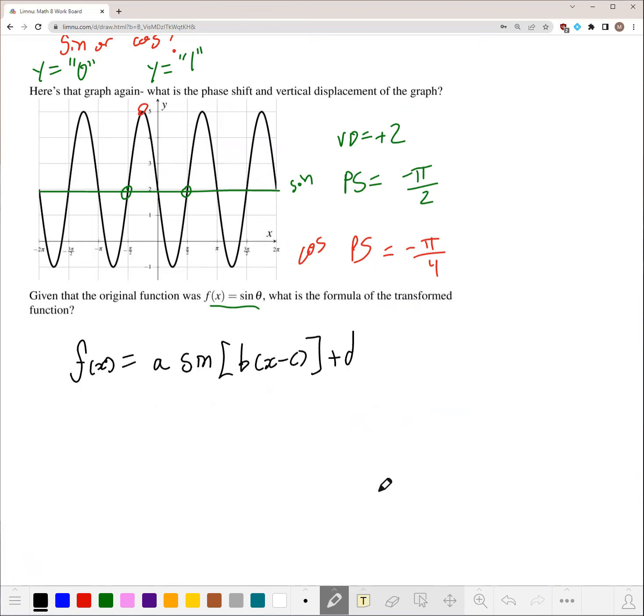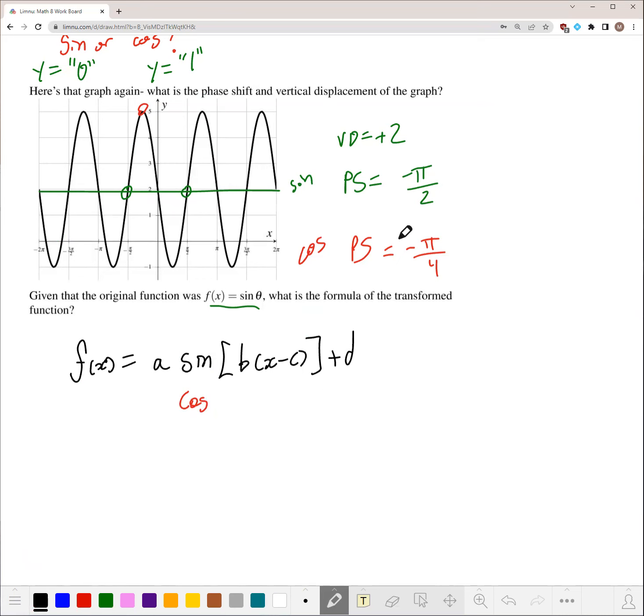Yes, we changed all the letters. No, they're not different. A and B are the same, but H and K are C and D. I don't know, whatever. It's just what they did. And this is what you'll see on your formula sheet. You can also see the version where it's cosine instead, which is just the same thing, but cosine.